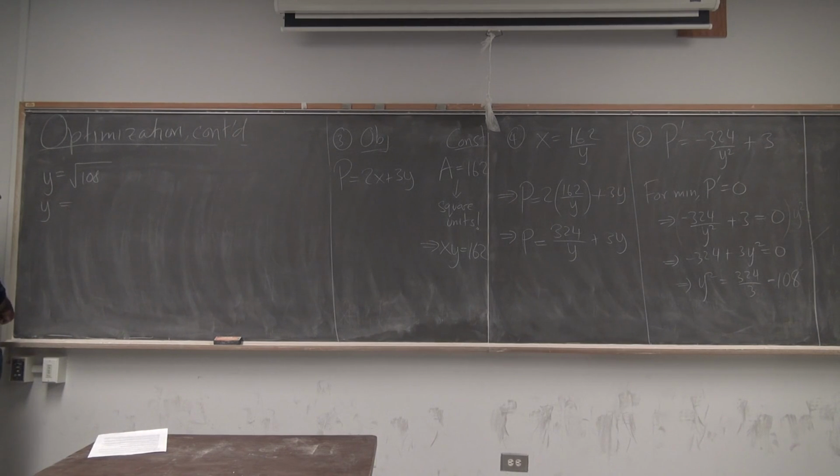Can we divide 108 by anything? It's divisible by 3. We'll leave the exact answer, so we'll leave radicals in our answer. So 3 goes into 108 how many times? 36, right? So we have 6 radical 3.